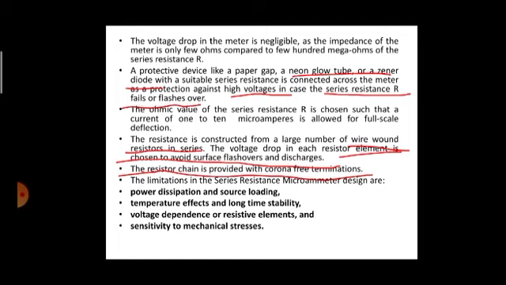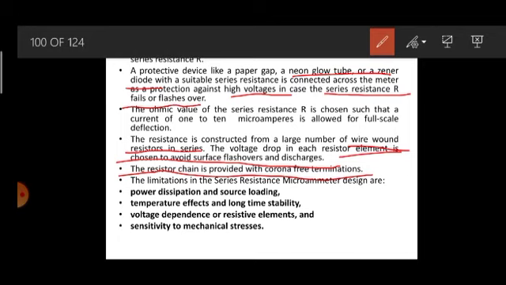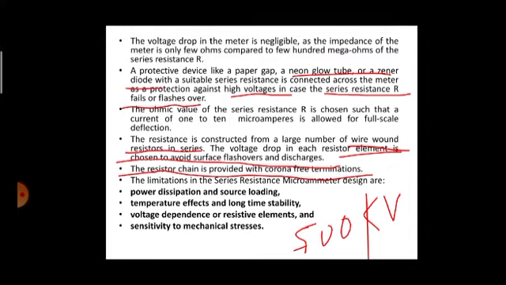So these series resistance microammeters are built for the ranges of 500 kilovolt DC, and the accuracy is better than 0.2%.